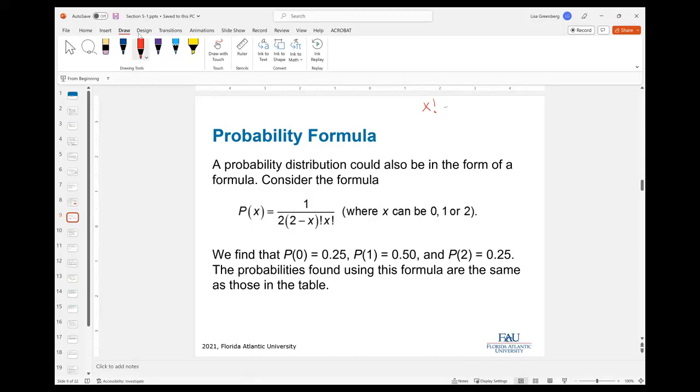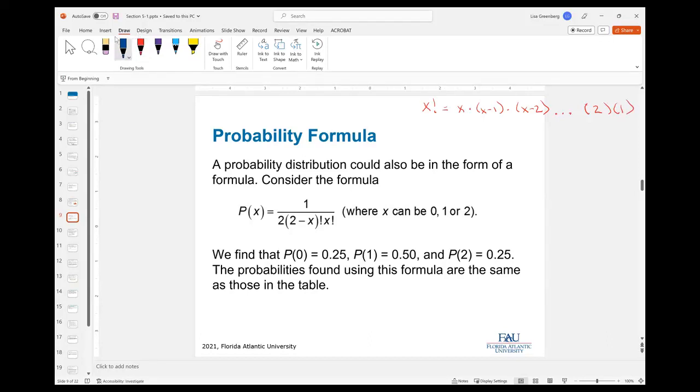So x factorial is equal to x times x minus 1 times x minus 2. I don't know how many x's I have, so we can only go to where we can go to. And it's going to go all the way down to times 2 times 1.